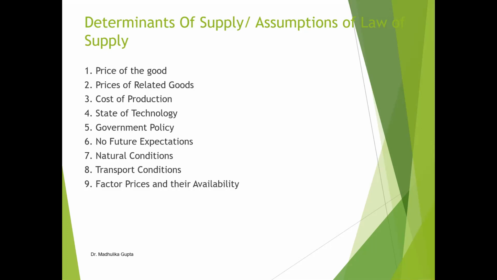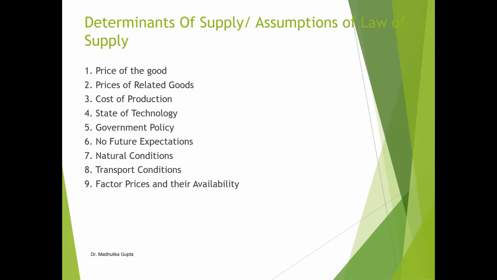The next one is state of technology. Now, the supply of a particular product depends upon the state of technology also. For example, inventions and innovations tend to make it possible to produce more or better goods with the same resources, and thus they tend to increase the quantity supplied of some product.